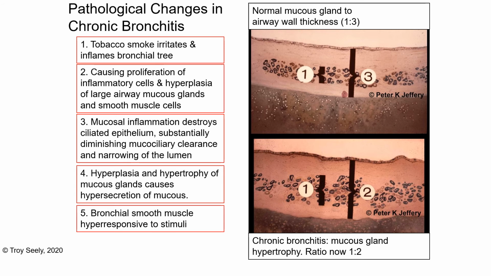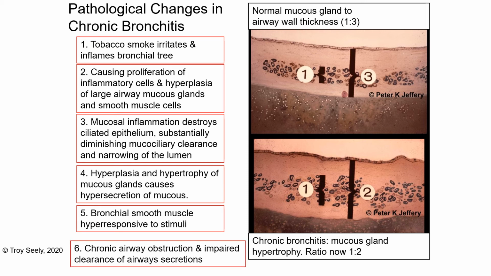And the bronchial smooth muscle becomes hyperresponsive to this stimuli. It starts to spasm more. So you're getting more mucus. There's more inflammation. You don't have cilia to clear it out. And bronchial smooth muscle around there starts to get more and more irritated to that.